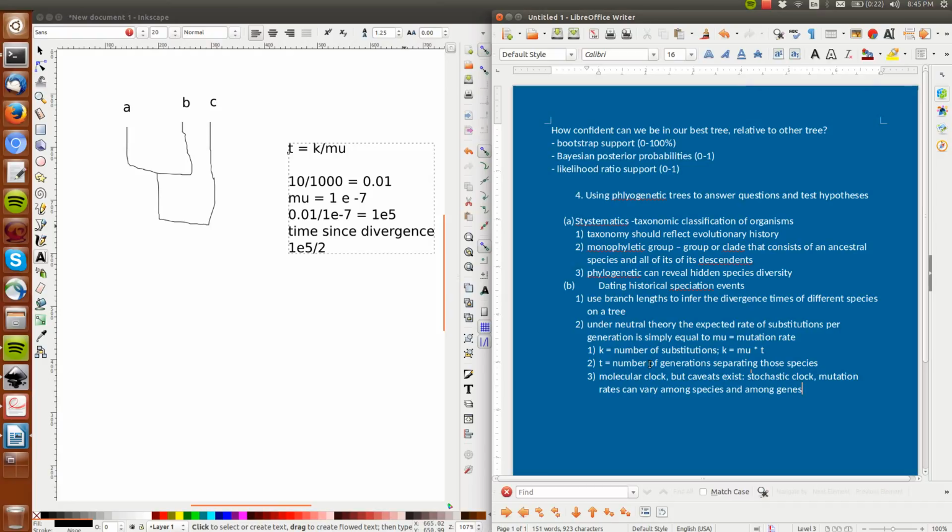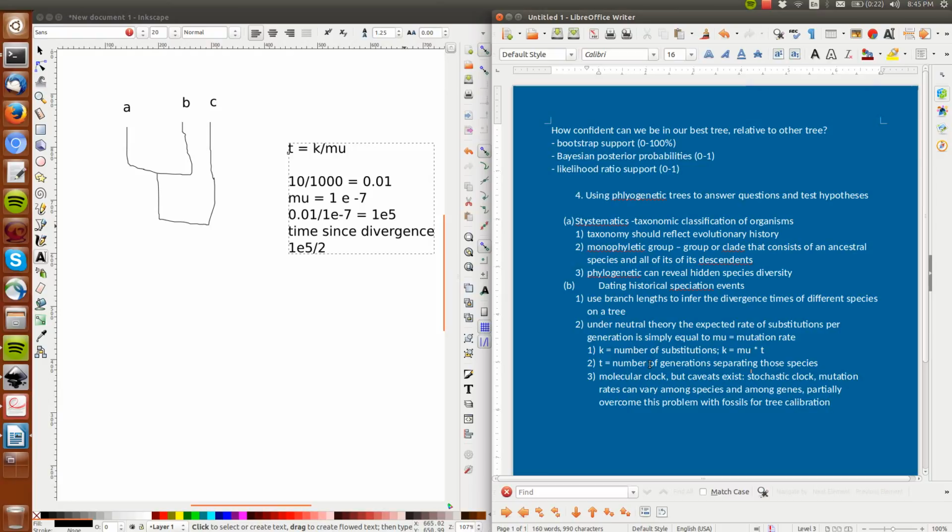You can partially get around this, partially overcome this problem with fossils for tree calibration.